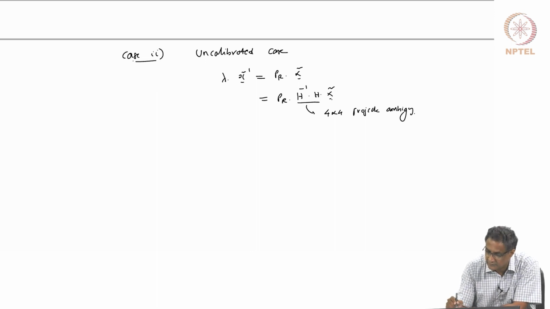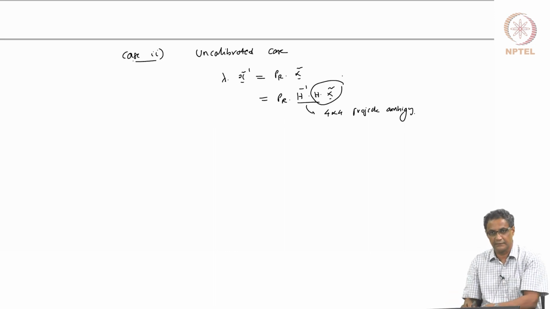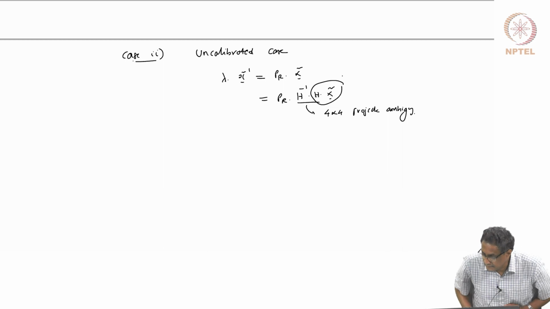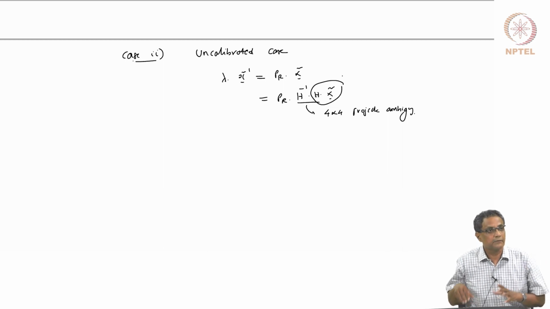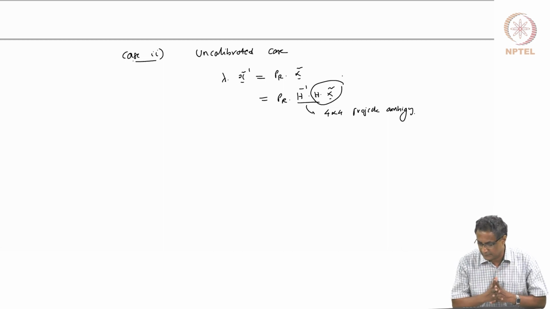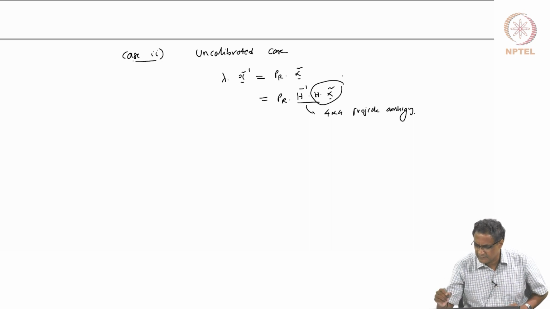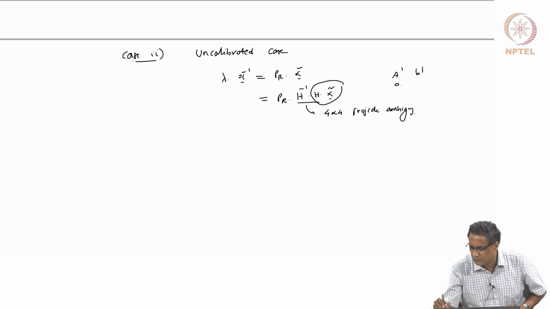It's acting on X tilde, like what we saw with respect to the 2D case. X tilde is like XYZ1, and then you have this projective ambiguity, which means H can take the form A dash B dash 0 transpose 1.